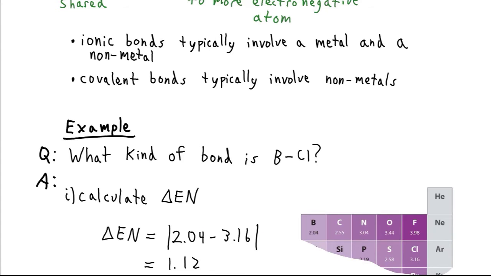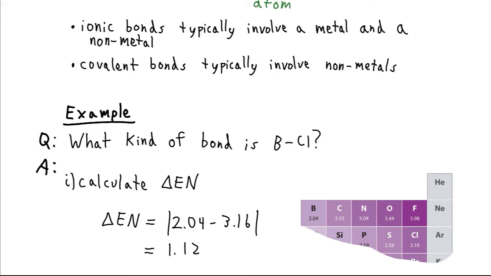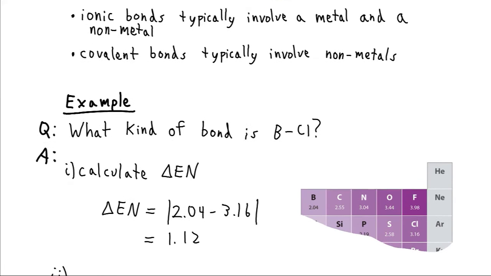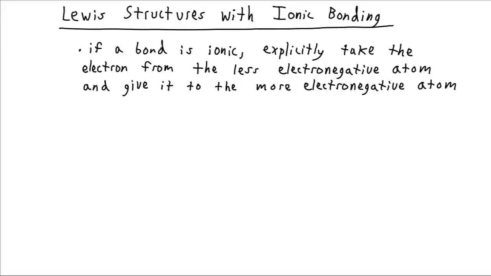You can subtract these in any order you care to, but just take the positive of whatever number you get. In this case, we get 1.12. Now, because 1.12 is between 0.4 and 1.7, that puts us in the polar covalent region. So this is a polar covalent bond.